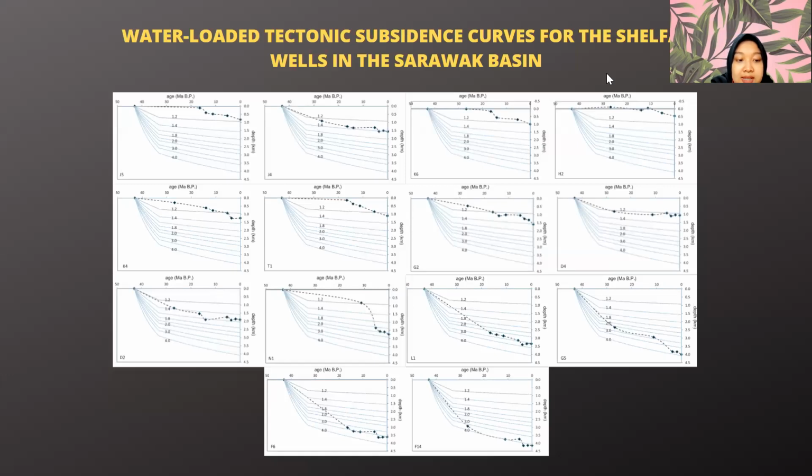It resulted in the backstripping for the shelf wells, plotted as water-loaded subsidence with time, starting at 43 million years ago as the start of subsidence, as shown in this figure. Although there is no assumption that the subsidence was due to drifting. For reference purposes, they overlay the theoretical subsidence curve based on the thermal model.